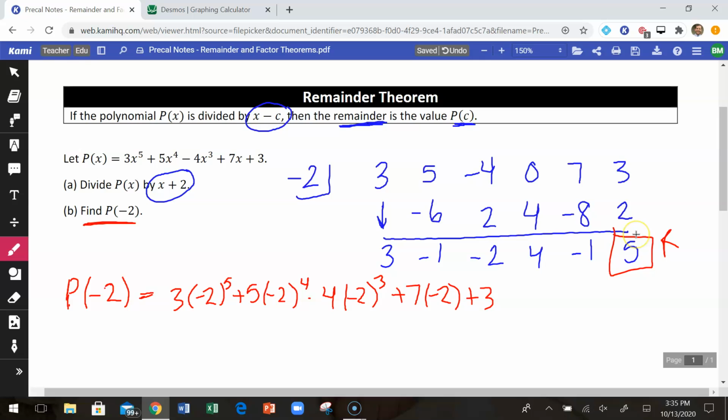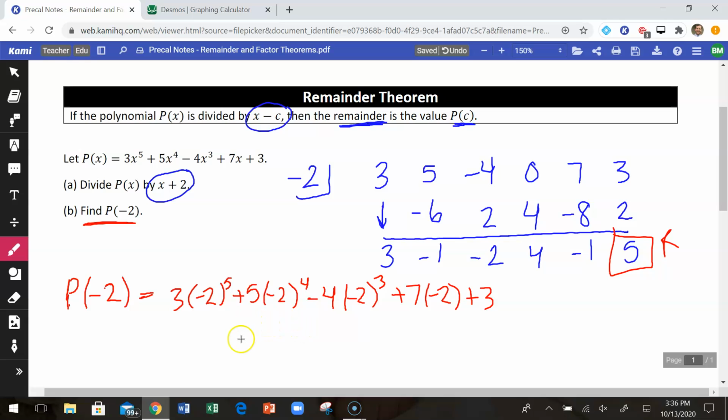Now, if you had a calculator in front of you, this would not be that hard to do. You just plug all this into a calculator. If you did not, it's going to take you a little bit of work to do this. I have to do negative 2 to the 5th and then multiply by 3, negative 2 to the 4th, multiply by 5, add those things together, and so on. It's going to take me a little bit of time to work through this.